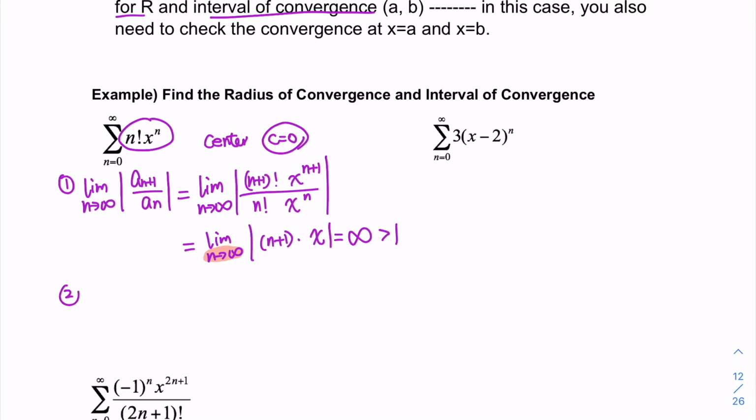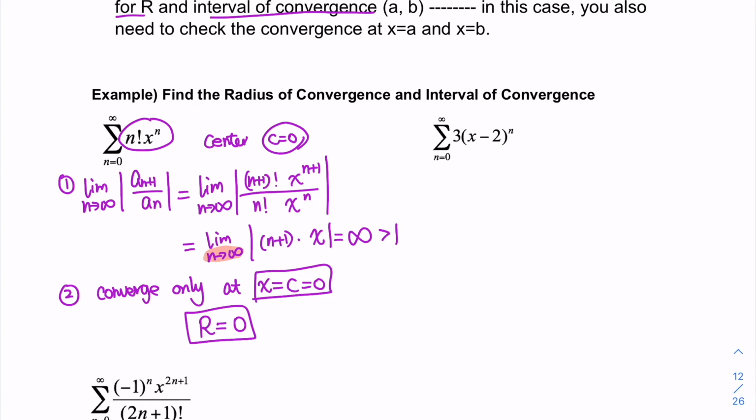So that means it will only converge at x equals c, which is 0, and the radius of convergence is 0. That's the radius of convergence, and that's the interval of convergence: only converges at 0. So you can write down the interval of convergence and the radius of convergence.